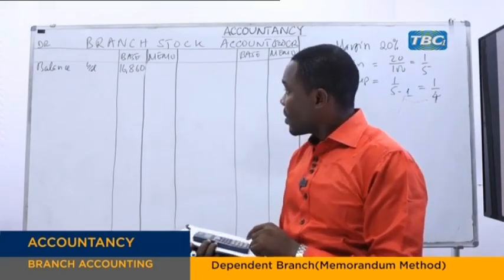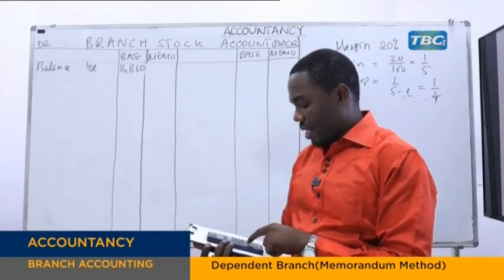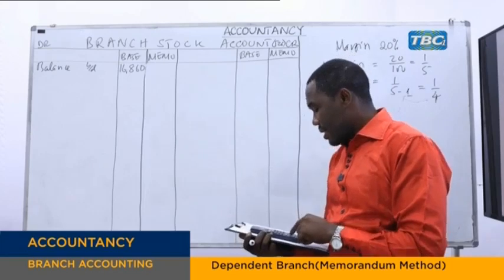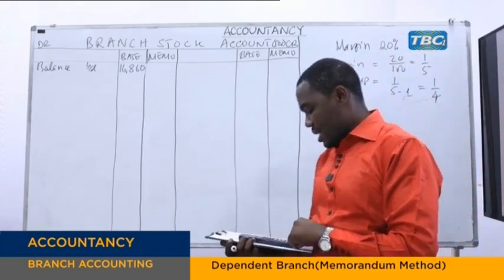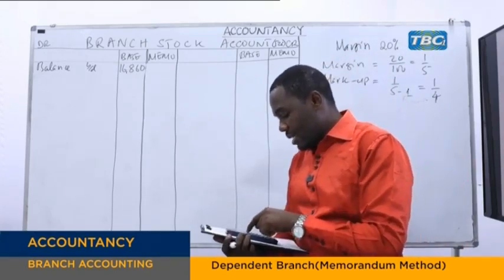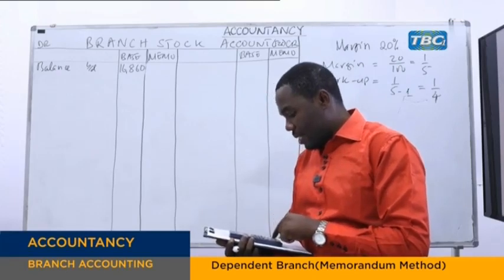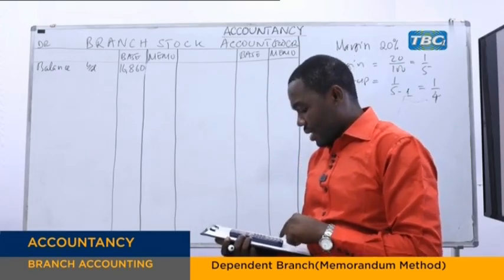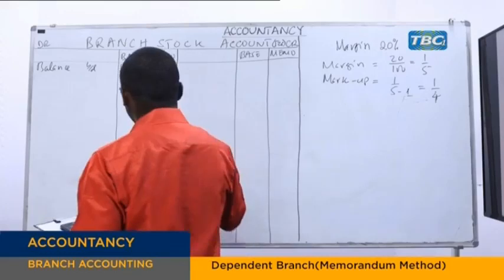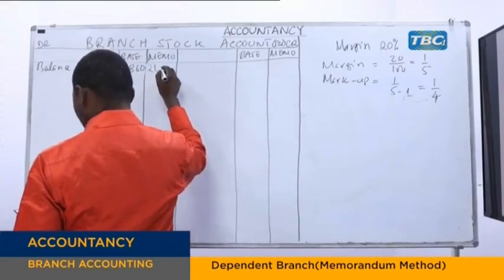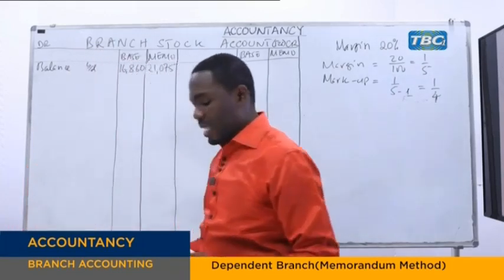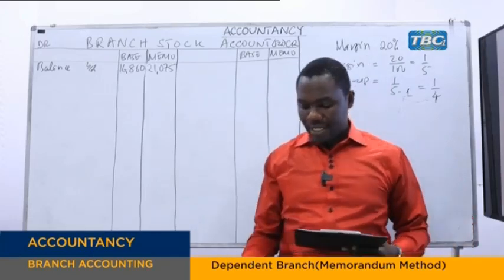The cost is 16,860 times 1 over what is our markup? 4. So the profit is supposed to be 4,215. If you add this profit to the cost, we get the selling price of 21,075. That is the opening balance.